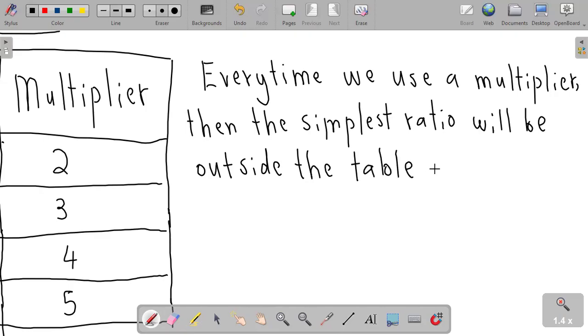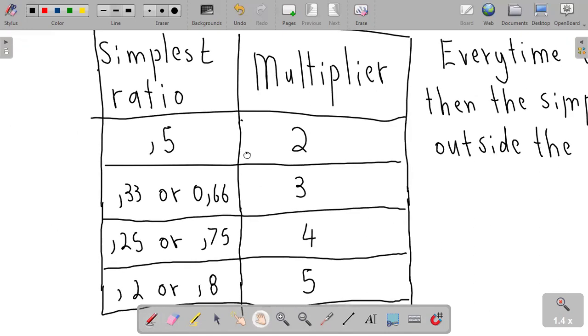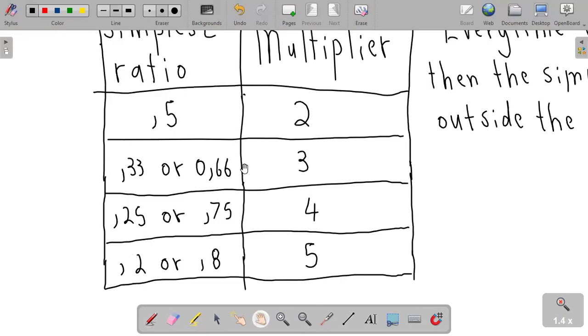So it's very important that you know this. If the simplest ratio turns out to be one of these 4 cases here, then in each case you have to use a suitable multiplier, so that you get a correct ratio.